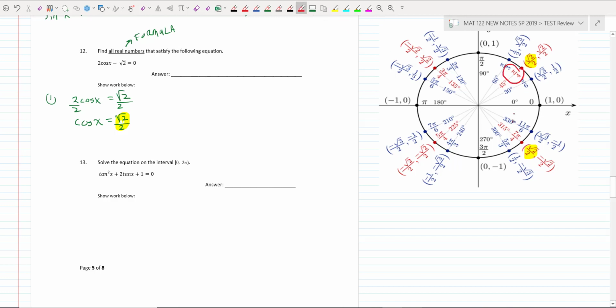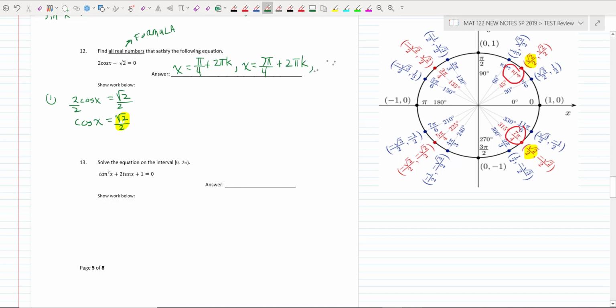In radians, those are your 2 answers. So we write the answer like this: x is equal to pi over 4, and then another lap around the circle is 2 pi, so we say plus 2 pi k, and the second answer is x equals 7 pi over 4, again plus 2 pi k.